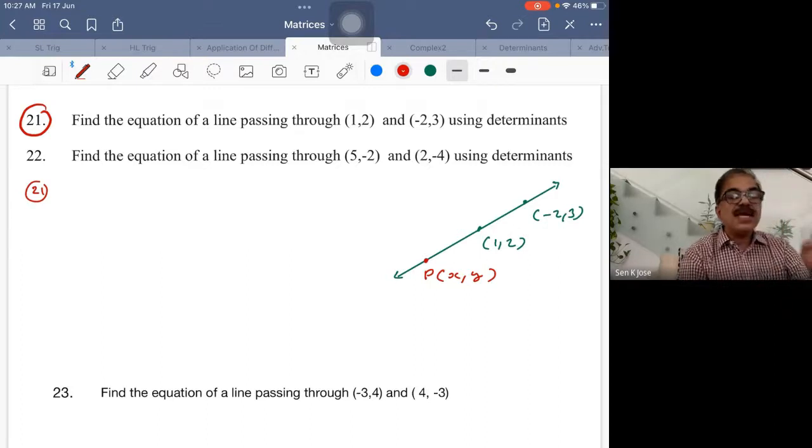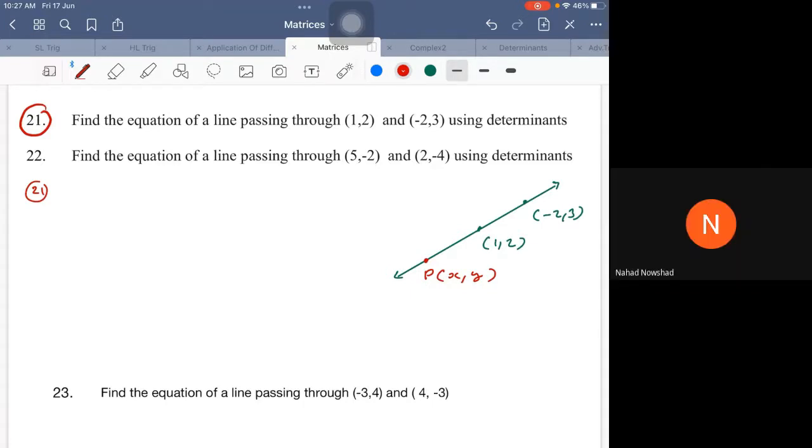So now that I mark 3 points on this line, I can say the 3 points are collinear. So we come down to the same idea. 3 points are collinear. Nahad, what do I say then? So therefore, the area of the triangle formed by these vertices is 0.